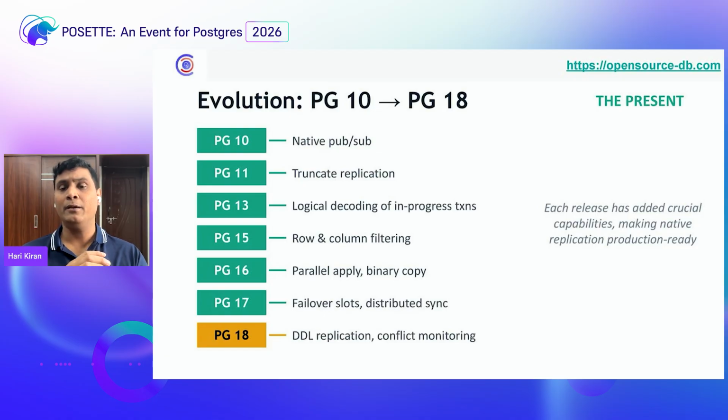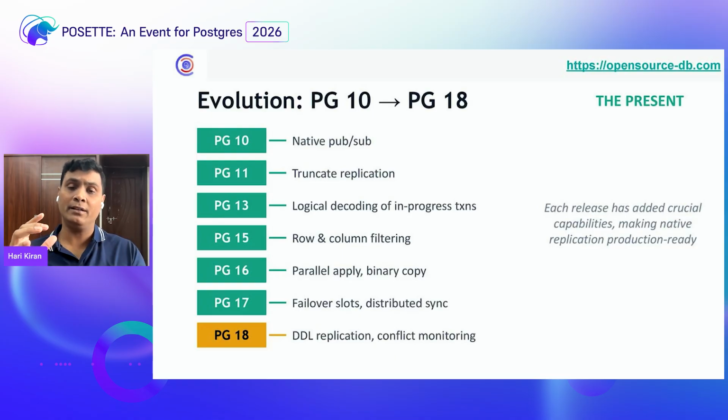PG16 added parallel apply, right? Multiple workers processing changes concurrently, and binary mode of the initial table copy, which is significantly faster.